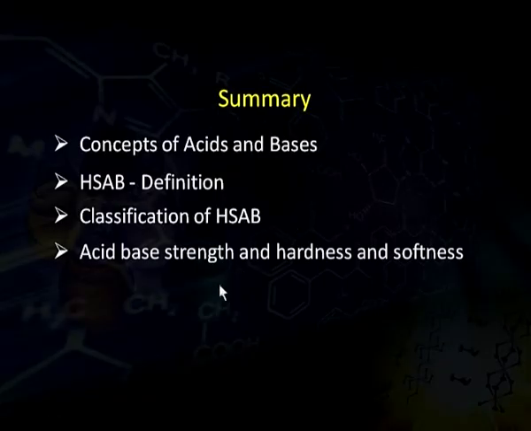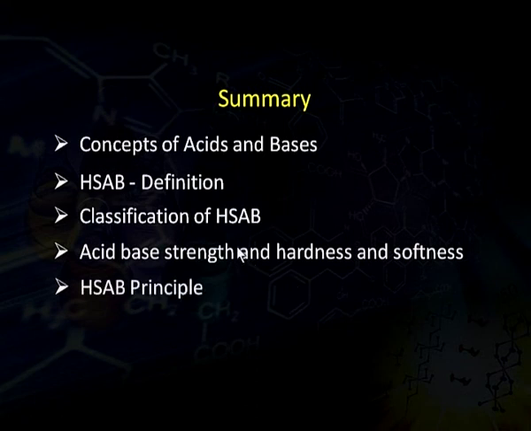We have seen that acid-base strength has nothing to do with the hardness and softness of an acid. That means hardness and softness is entirely a different concept from acid-base strength.